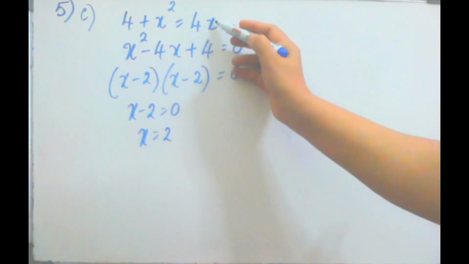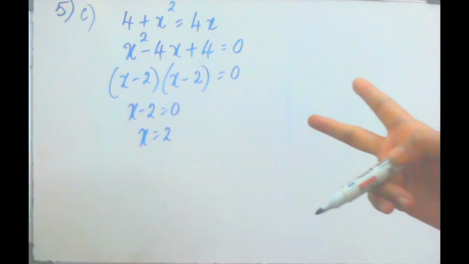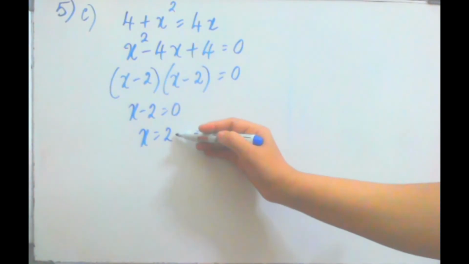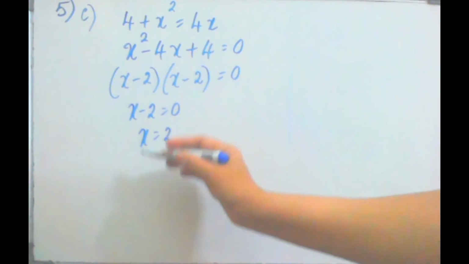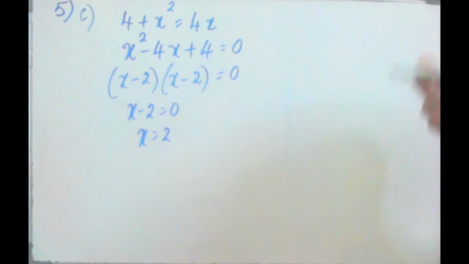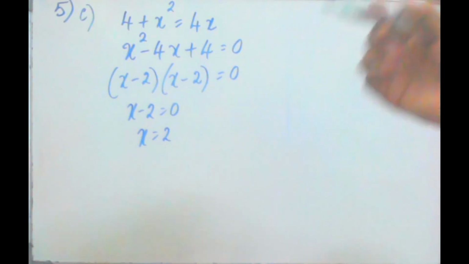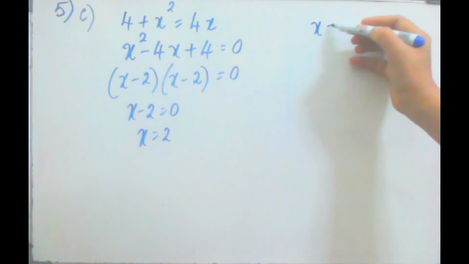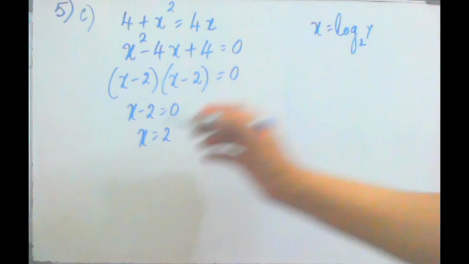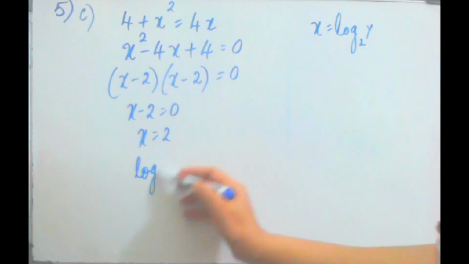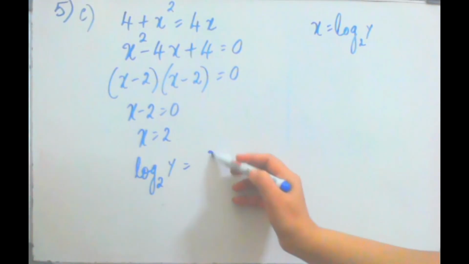This quadratic equation has two roots, and both roots are the same, it is plus 2. Now we replace x with the assignment that we made. Remember, we made x equal to log y to the base 2. Replacing it back, log y to the base 2 is 2.